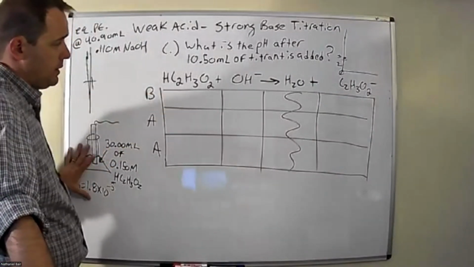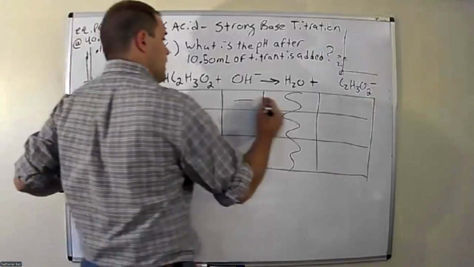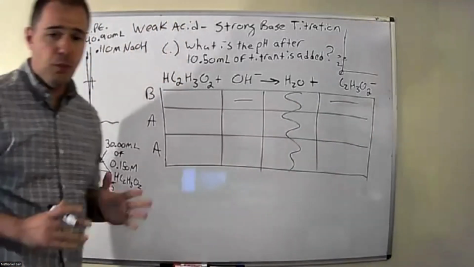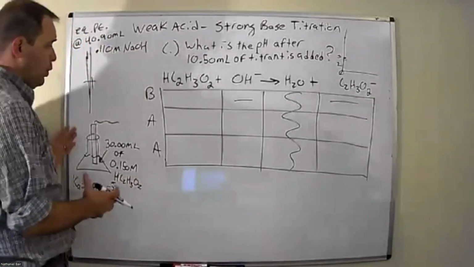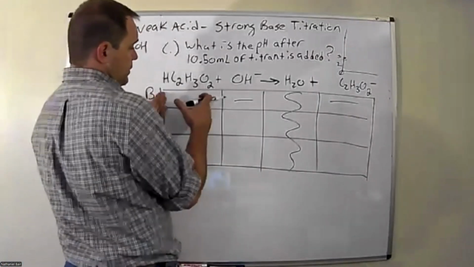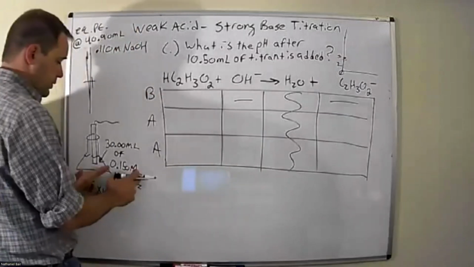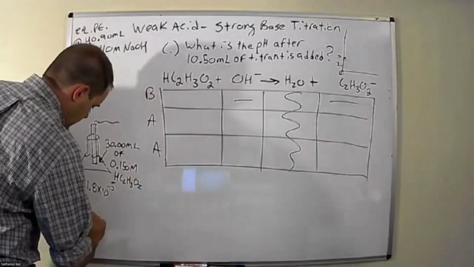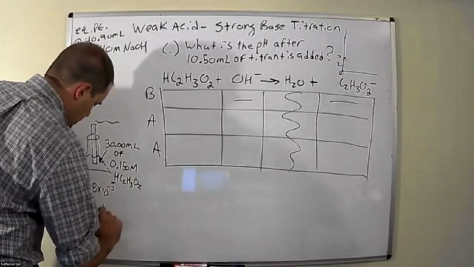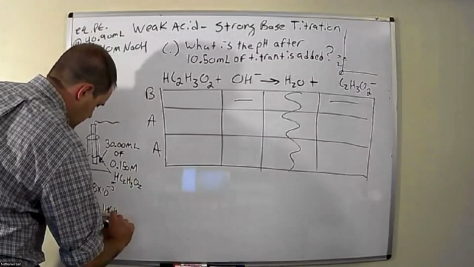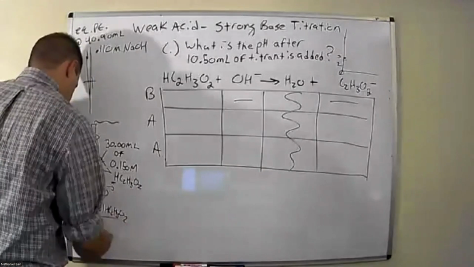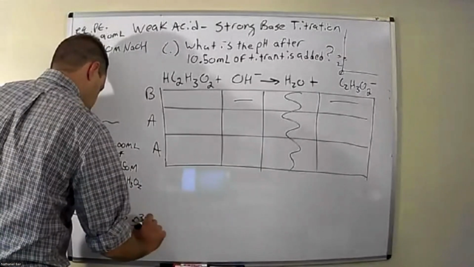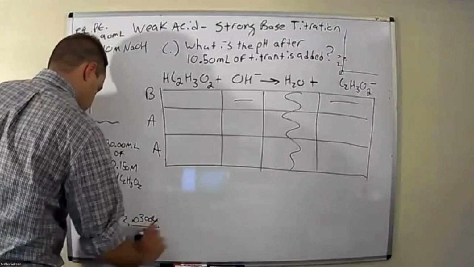There's only acetic acid in here. So none of that and none of that before. So we need to figure out, again, BAA tables have to be moles. We got to figure out how many moles of acetic acid are in here. So we take the concentration times the volume in liters. So 0.150 moles of acetic acid times 0.0300 liters.